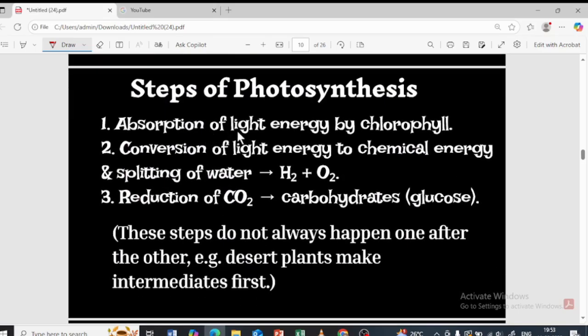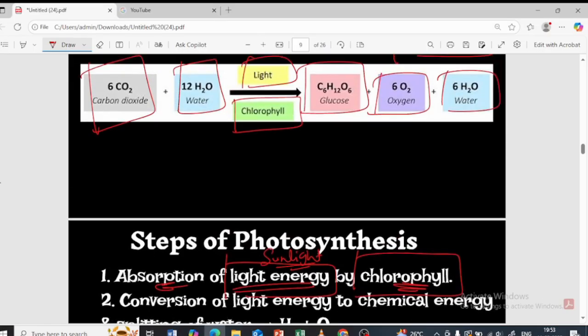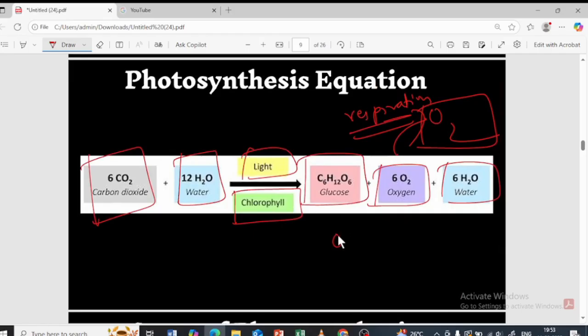I will tell you how exactly photosynthesis is going to take place. As I told you, the light energy will be falling on the plant, right? Light energy is nothing but sunlight. So this light energy is absorbed by the chlorophyll that is present in the leaf. What is chlorophyll? Chlorophyll pigment. Just imagine this is one plant, this is the leaf of the plant, this is the root of the plant.